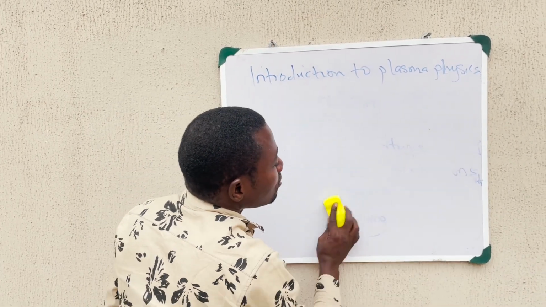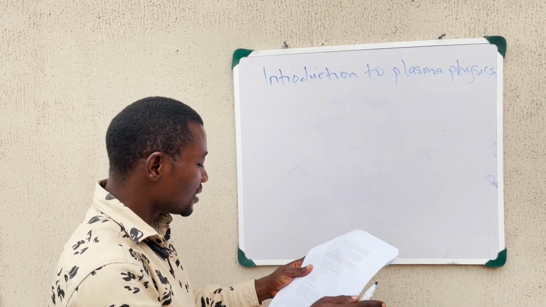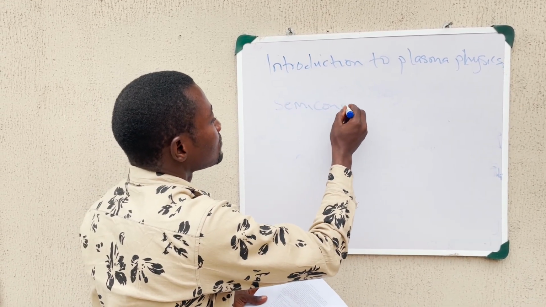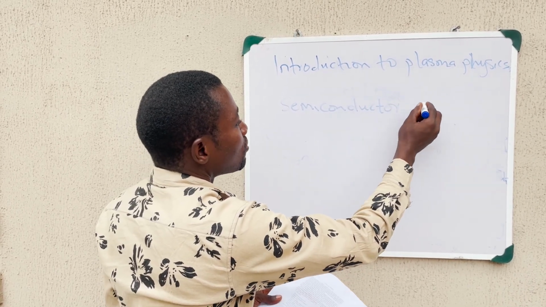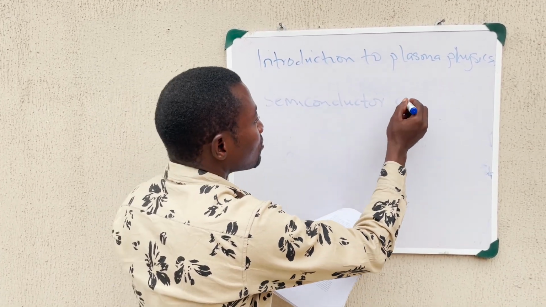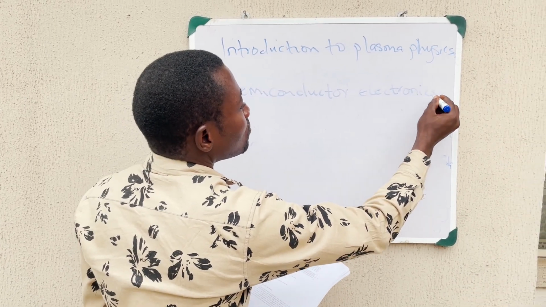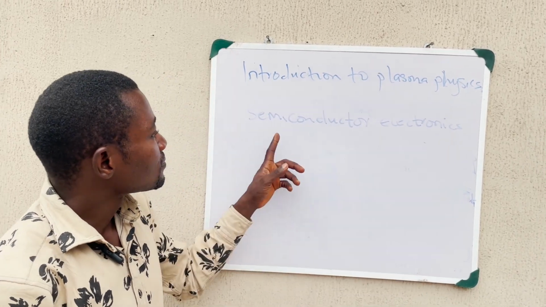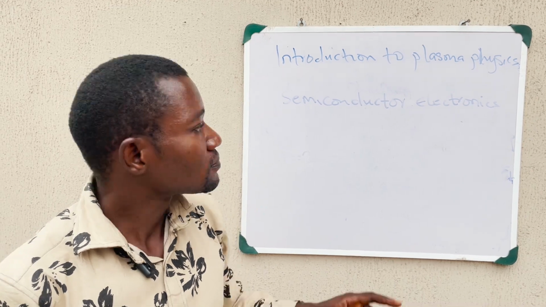The first one we want to look at is the application of plasma in semiconductor electronics. As we all know, semiconductors are materials between conductor and insulator.